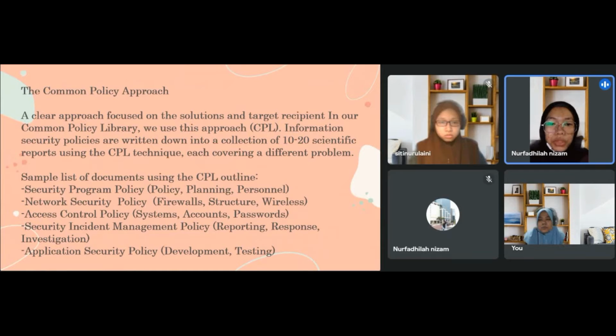A sample list of documents using the CPL outline is: first, security program policy, planning and personnel. Second, network security policy, which is firewall, structure and wireless. Third, access control policies, which is system, account and password. Fourth, security incident management policy, which is reporting, response and investigation. And the last is application security policy, development and testing.